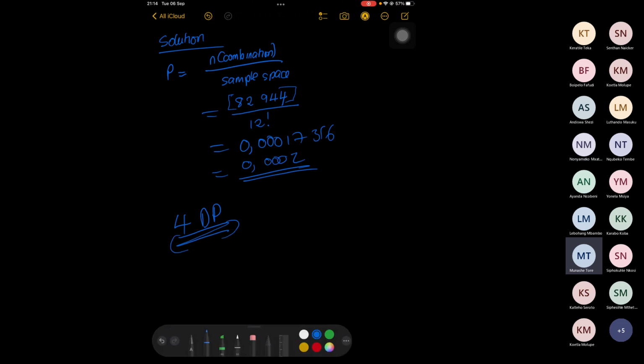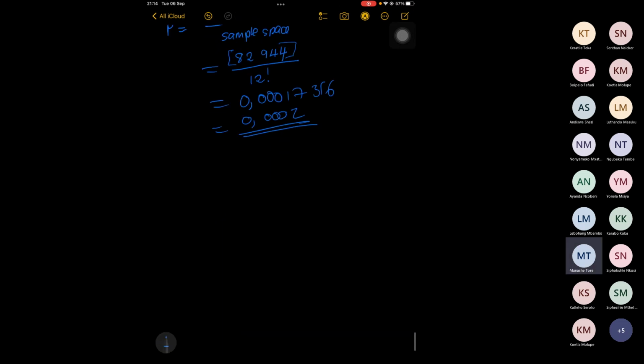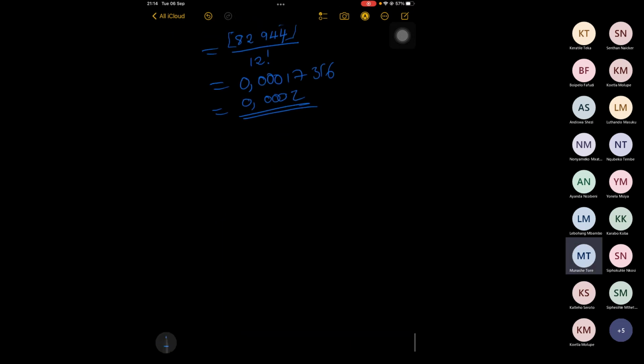But I'm sure your test will tell you the number of decimal places to round off to. It might also be safe to write both, like you did, so that he can see what you rounded off. Yes.